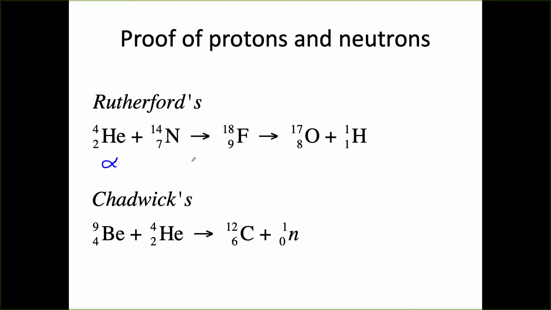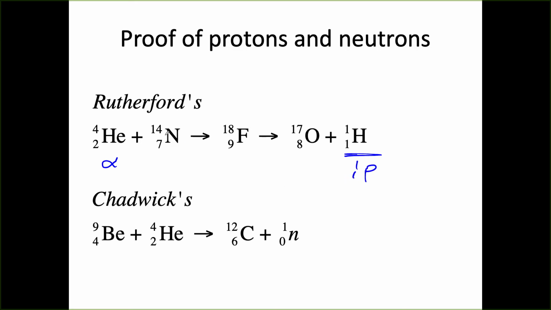At this time, they had spectroscopy, which means they shone light through the gas chamber and figured out that, besides nitrogen, they saw fluorine being produced, and then oxygen. And they were able to capture these particles, which are protons. Remember that it's 1,1p. There's another way to write this.